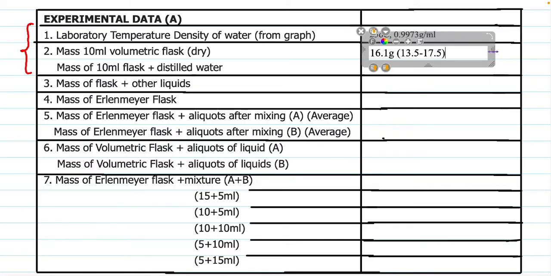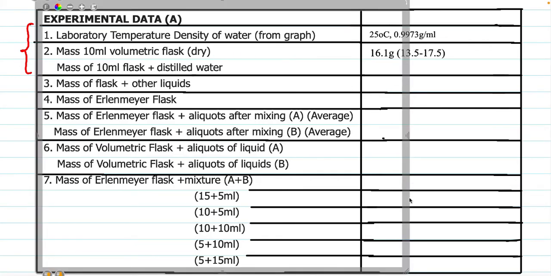So everybody must not have 16.1. It's actually not possible. And the various volumetric flasks, their masses may not necessarily be the same. So if you got 13.5 up to 17.5 or 17.75, I think you're very correct. I doubt if there will be anyone that will get to 18, except the flask is 25 mL. But I learned everybody used 10 mL. So that is that for the mass of the 10 mL flask.